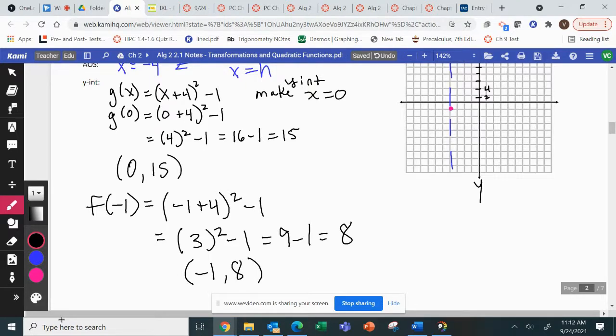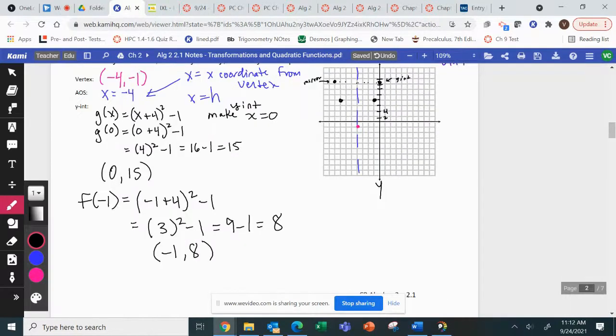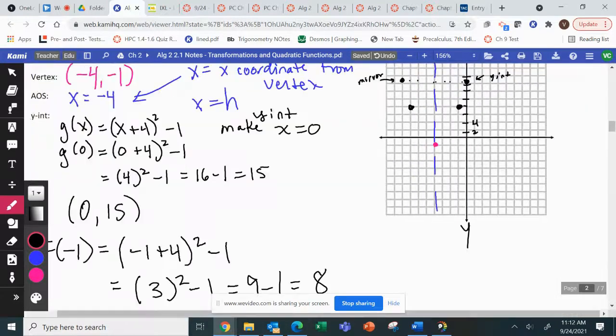What? And then that has a mirror point on the other side of the axis of symmetry. Where did the what come from? 3? Yeah. -1 plus 4 is 3. Did somebody take me up on it and try a different number? Oh. That looks like a lot.